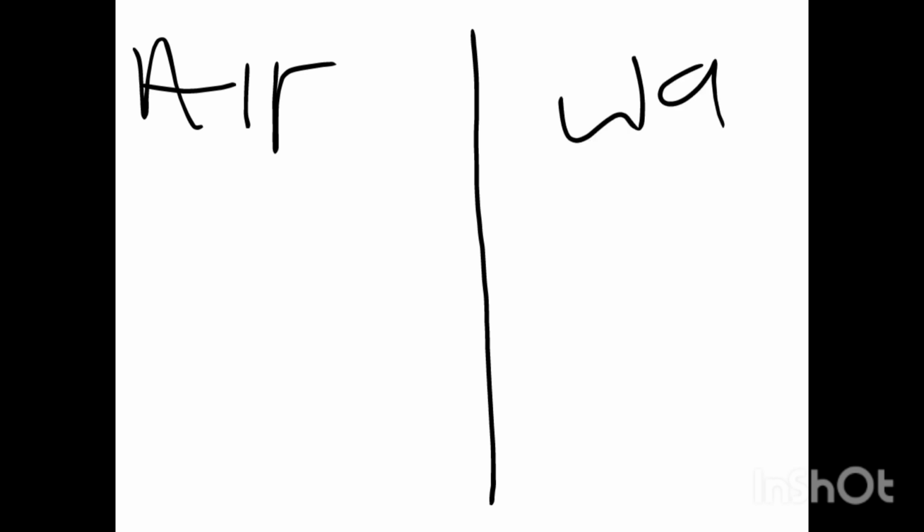And then let's say we have light traveling through different mediums. This line here is the line which is dividing those mediums. Let's say this is the medium of air, and this is the medium of water.